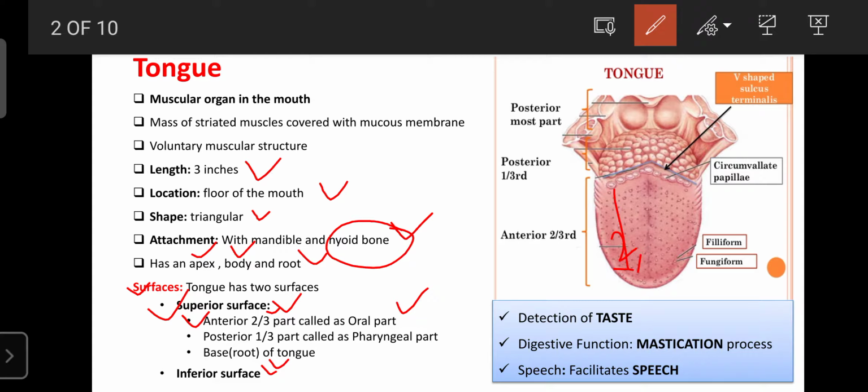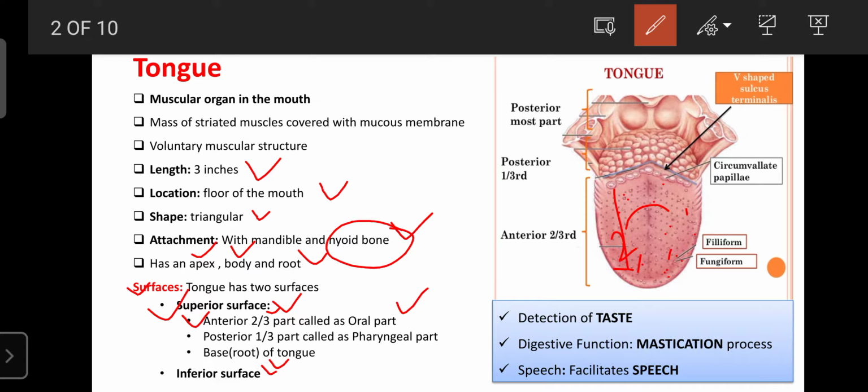The entire oral part of the tongue consists of various papillae on its structure. Those papillae have special cells, known as taste buds.